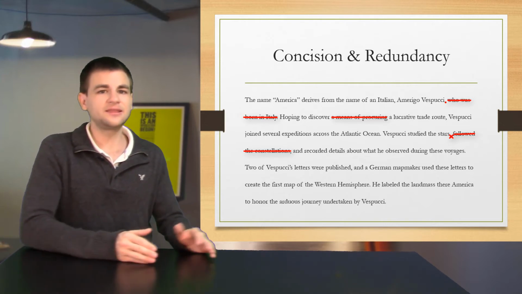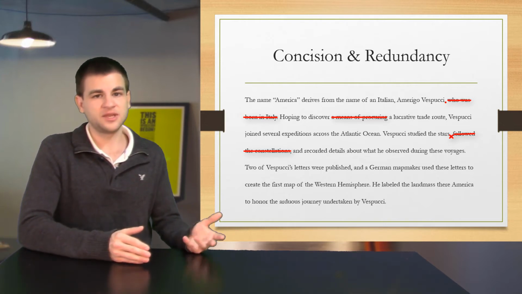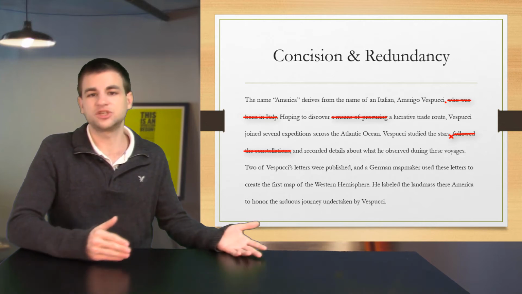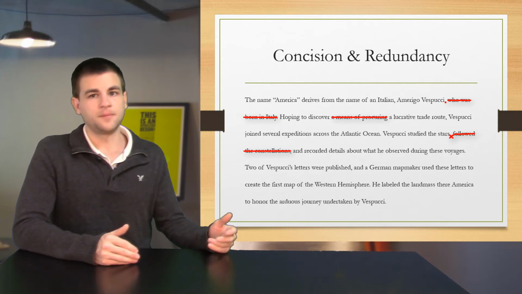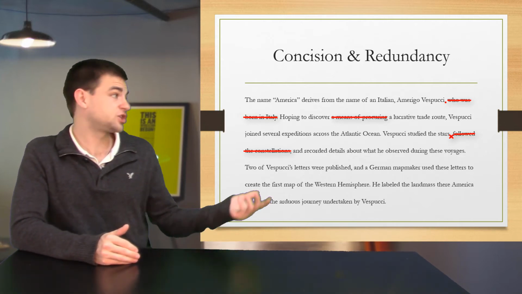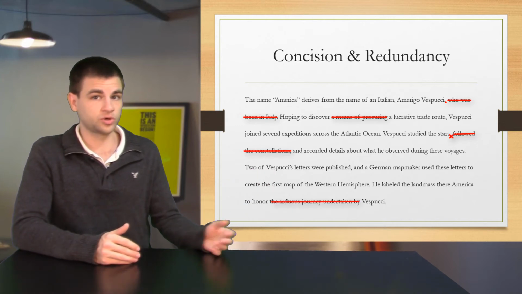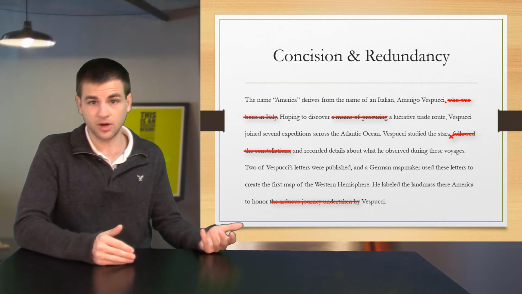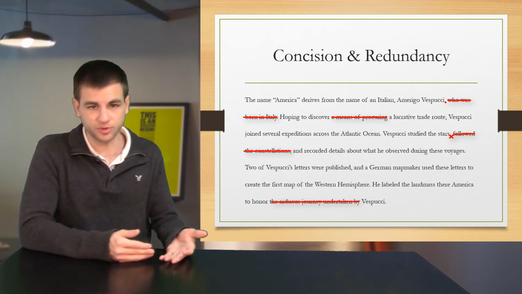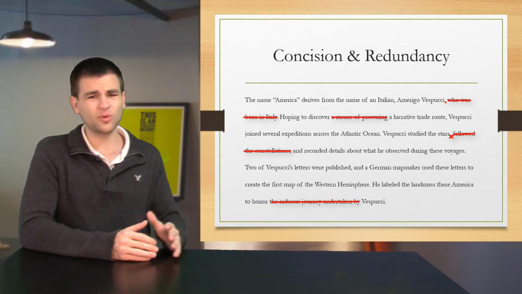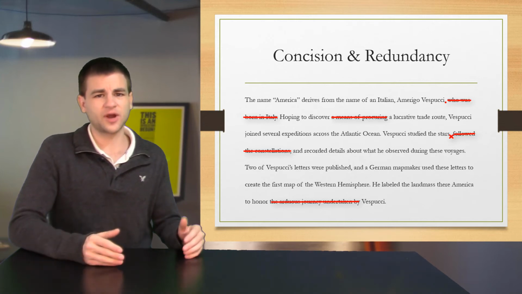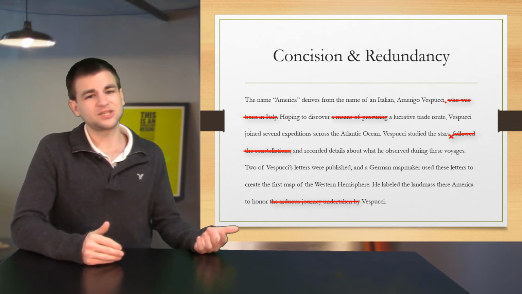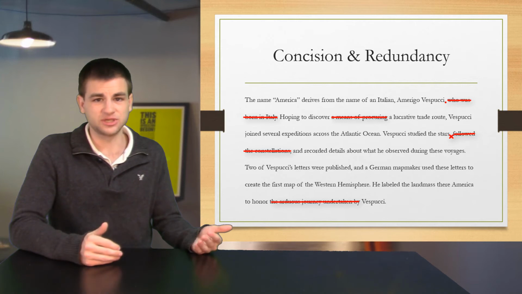Any additional information is really just extraneous. So in this case, I'm going to eliminate that, and we're just going to say that he labeled the landmass America to honor Vespucci. That way we don't have that bulky phrase that doesn't add any substance to the sentence.